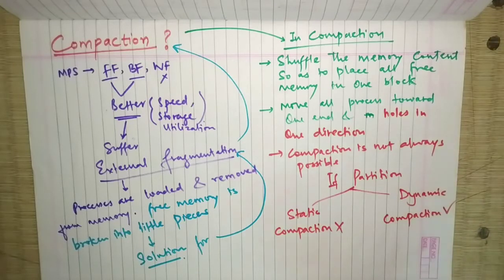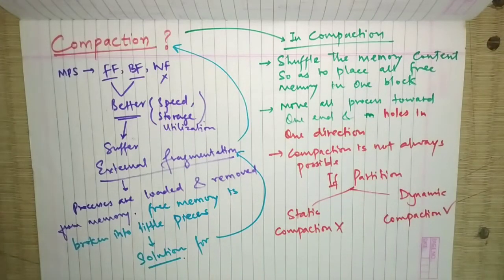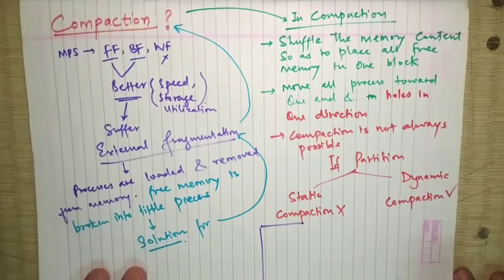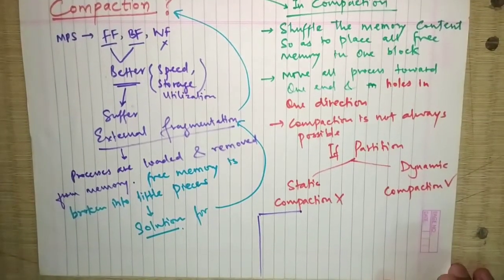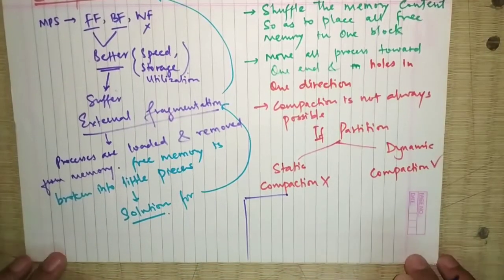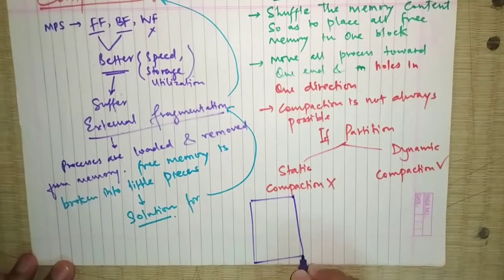The operating system should use an algorithm that minimizes the amount of copying to make compaction as fast as possible. Let us see the simplest example. Imagine this is the memory block.